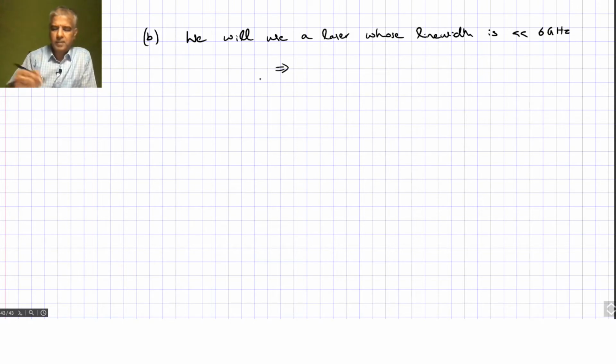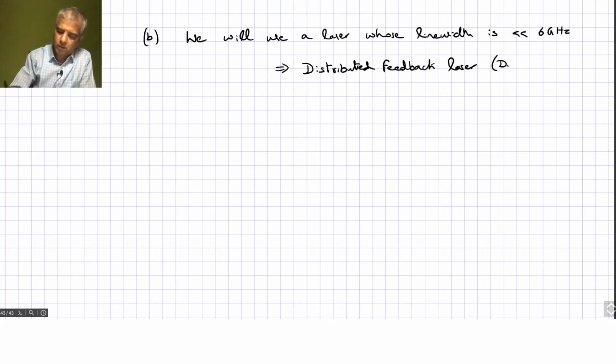So, one standard laser that we know whose line width is much less than that, so that it essentially works with a single longitudinal mode. What laser is that? That is actually the distributed feedback laser. So, you can go for a distributed feedback laser, which in short is called a DFB laser.